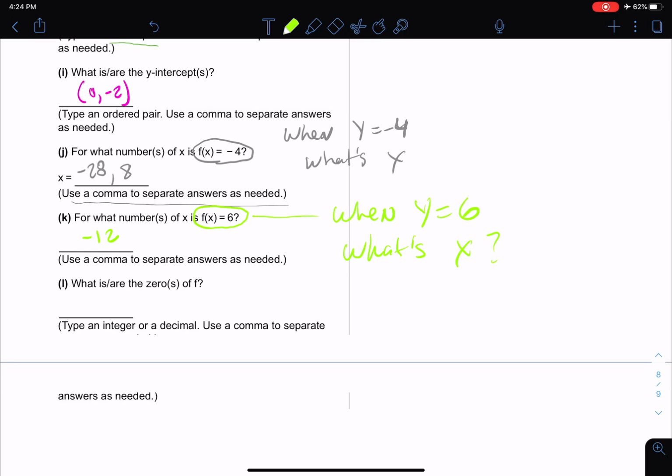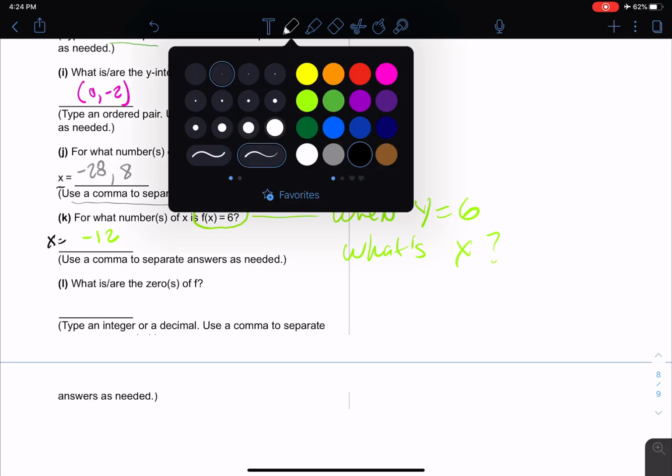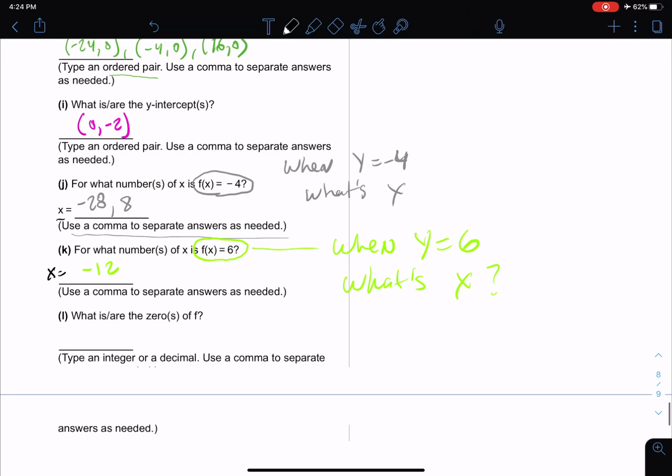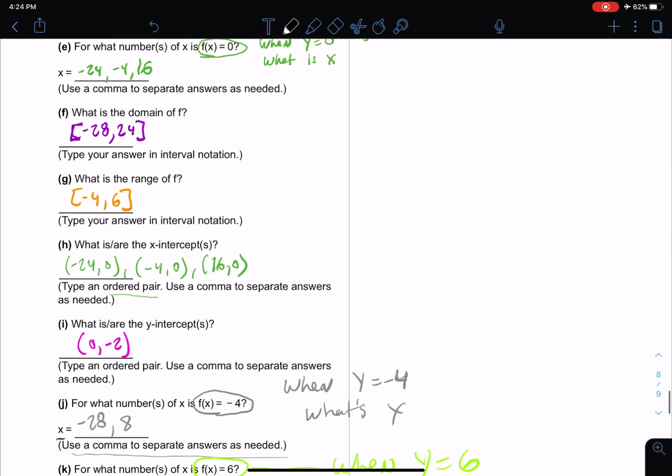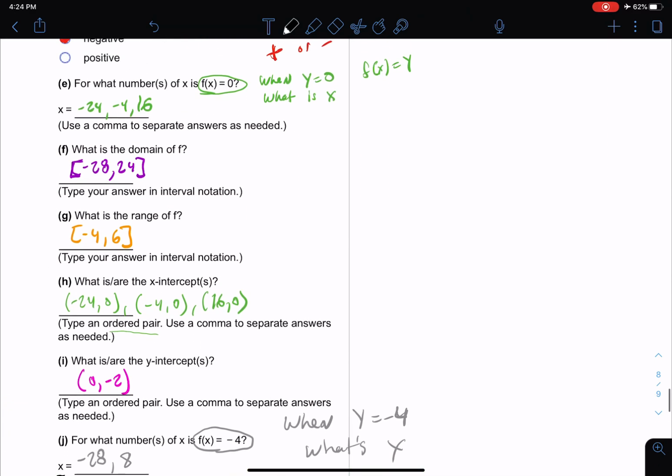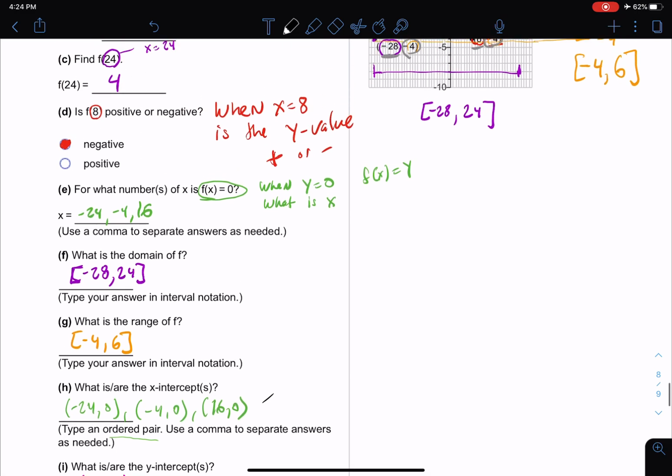Okay, and it would have been nice if they stayed a little consistent. Like right here we said x equals and x equals, but they didn't. Next and final problem. What is or are the zeros of f? Well, the zeros are going to be the same as the x-intercepts, right?